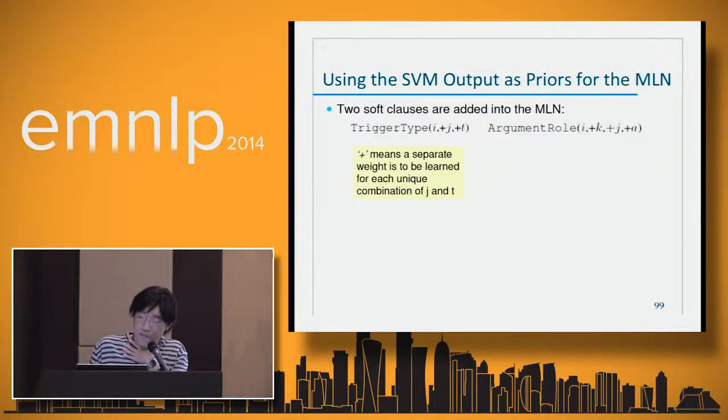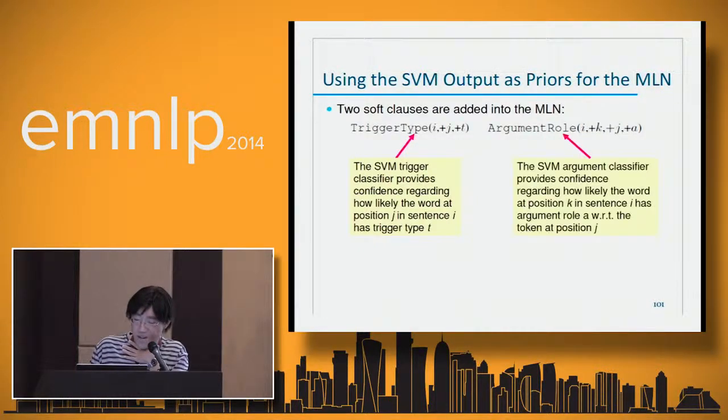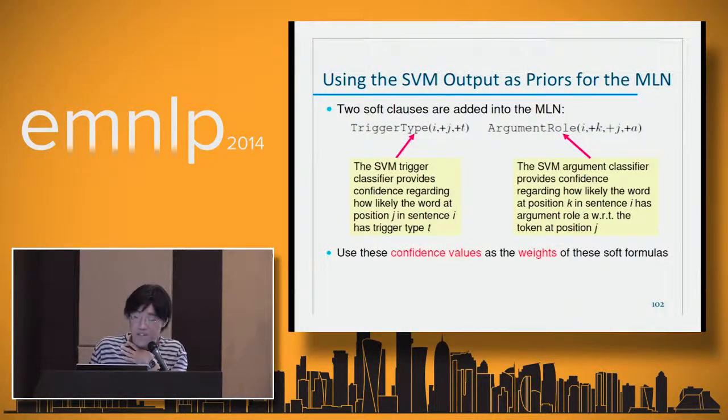We add 2 soft clauses into the MLN, namely the trigger type and the argument role clauses. Again, if you remember, the SVM trigger classifier used in the baseline provides the confidence regarding how likely the word at position J in sentence I has triggered the type T. Whereas, in this case, the SVM argument classifier in the baseline provides the confidence regarding how likely the word at position K in sentence I has argument role A with respect to the token at position J. And so we can use these confidence values from the SVM as the weights of these soft formulas in the MLNs.